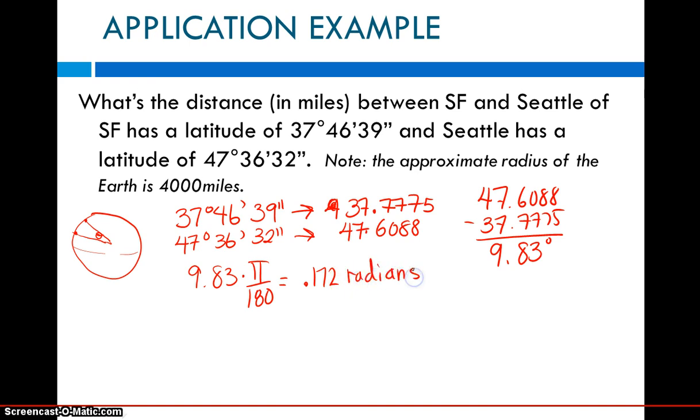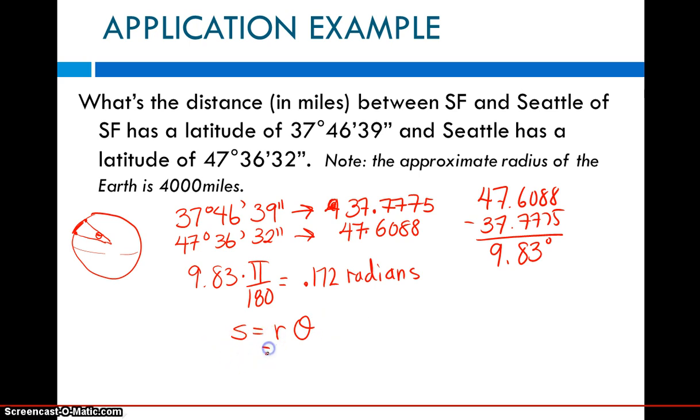So now we have all the information that we need. We have the central angle, it's in radians, and we have that the radius of the Earth is 4,000 miles. So now we can go ahead and find what the arc length is, so the distance between the two cities. Remember, our arc length is equal to our radius times our central angle.